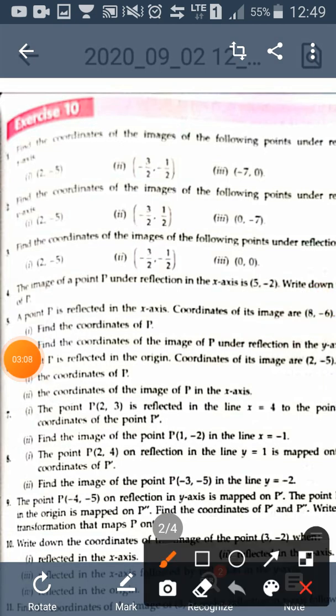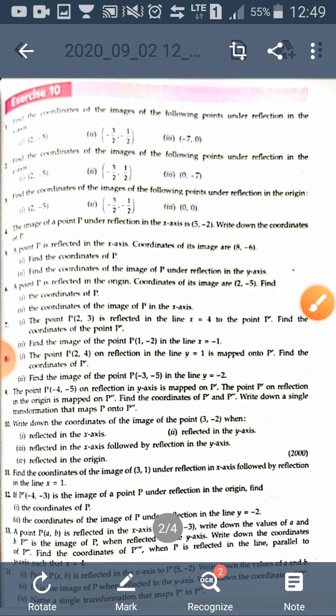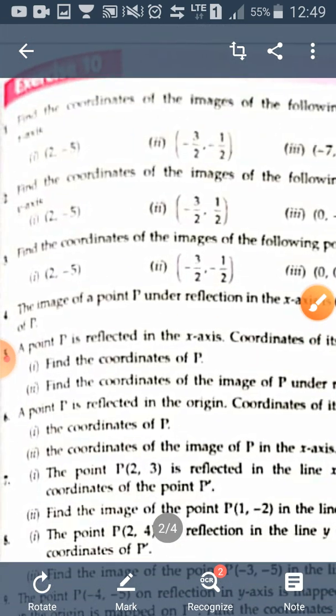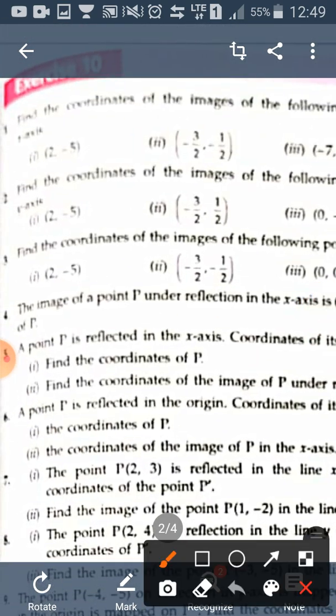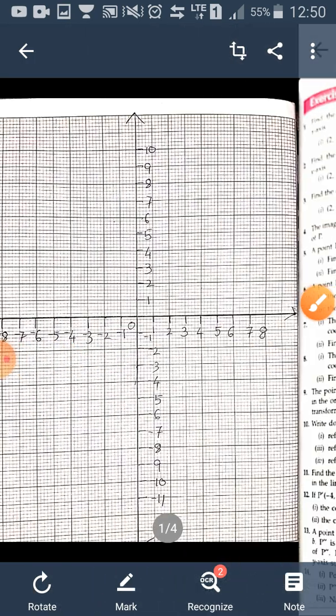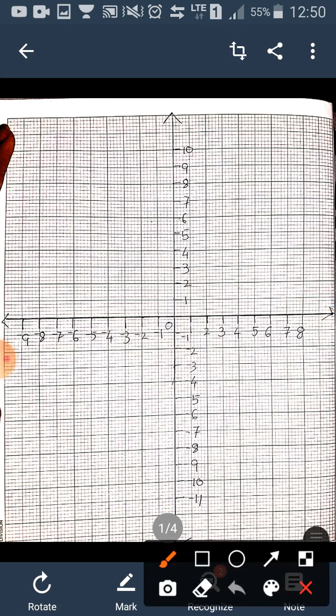Okay, let's talk about the point 2 comma minus 5, and it is reflected along the y-axis. I can't see it clearly, so let us assume it is this 2 comma minus 5.